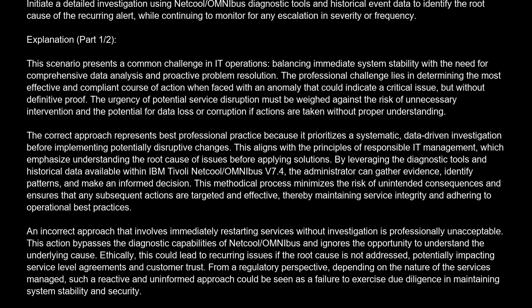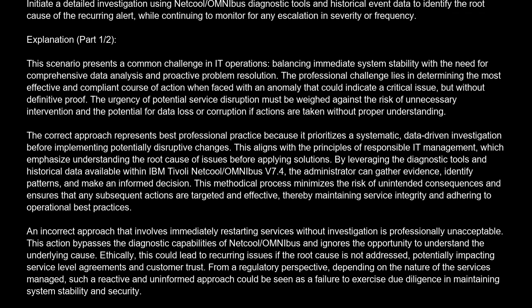The correct approach represents best professional practice because it prioritizes a systematic, data-driven investigation before implementing potentially disruptive changes. This aligns with the principles of responsible IT management, which emphasize understanding the root cause of issues before applying solutions.